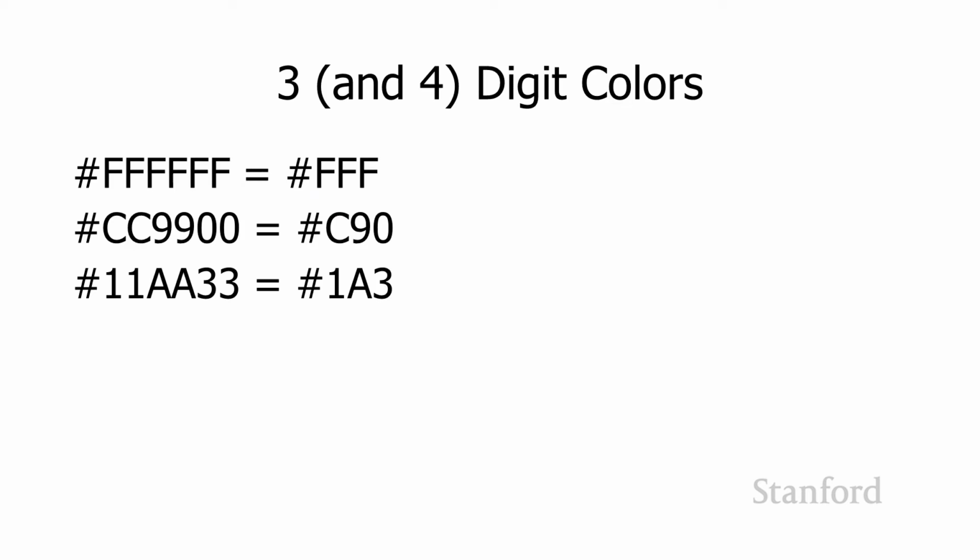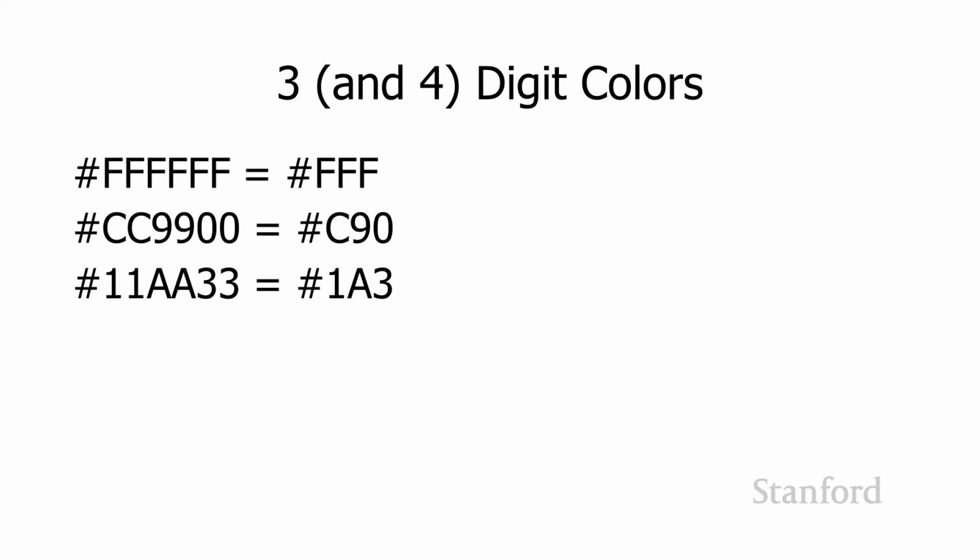You can also use 3 or 4 digit colors instead of using 6 or 8 digit colors. Let's start off with a 3-digit example. We take our original RGB and we just get rid of half the number of letters. As long as the 16s and the 1s are the same, if we were using decimal, it would be the 10s and the 1s, we can immediately convert it to 3 hexadecimal digits.